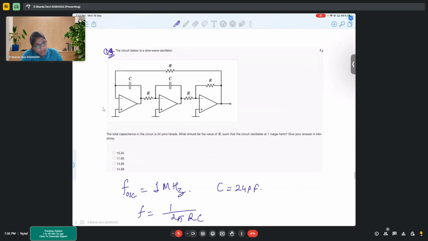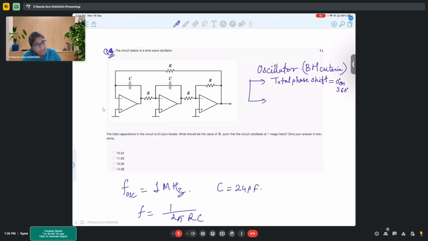So first of all, for oscillators, there are certain criteria which need to be satisfied. We call it Barkhausen criteria, where the total phase shift is 0 degrees or 360 degrees.